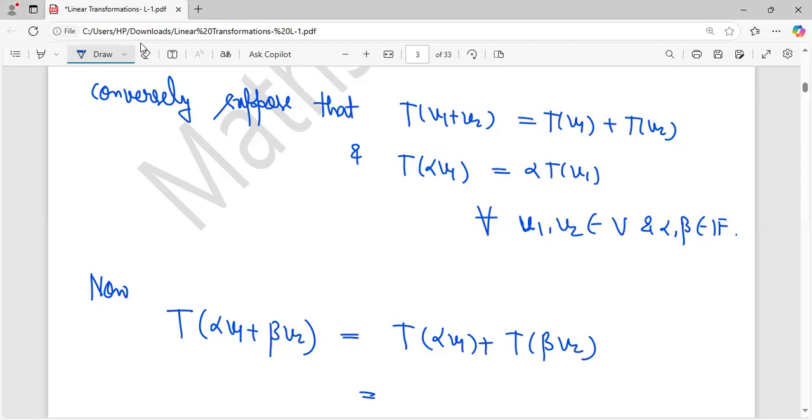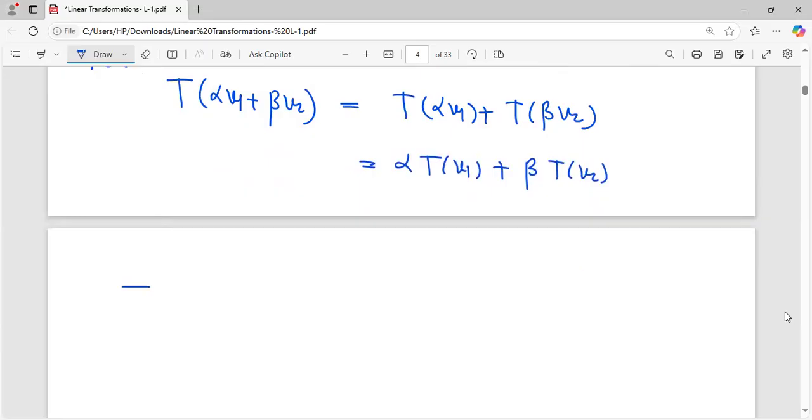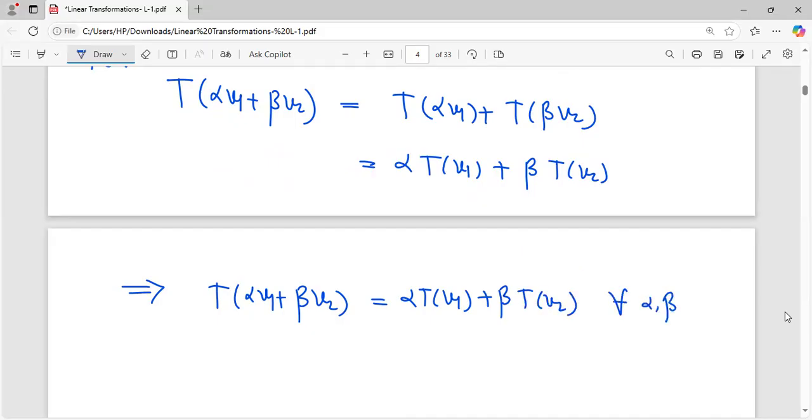Now using the second property, what we will have? This implies T is a linear transformation.